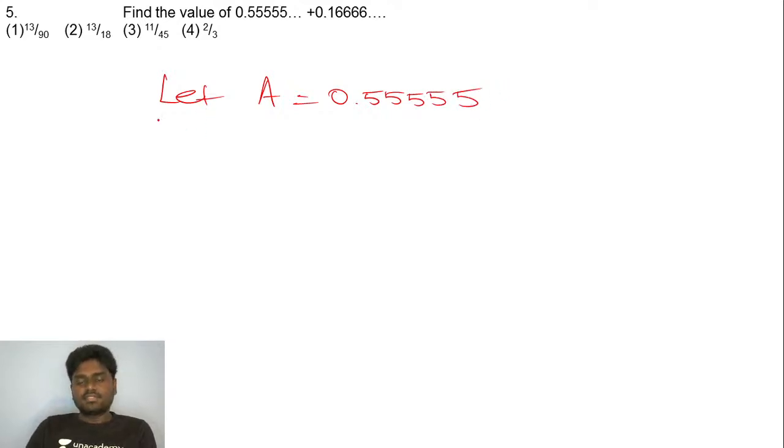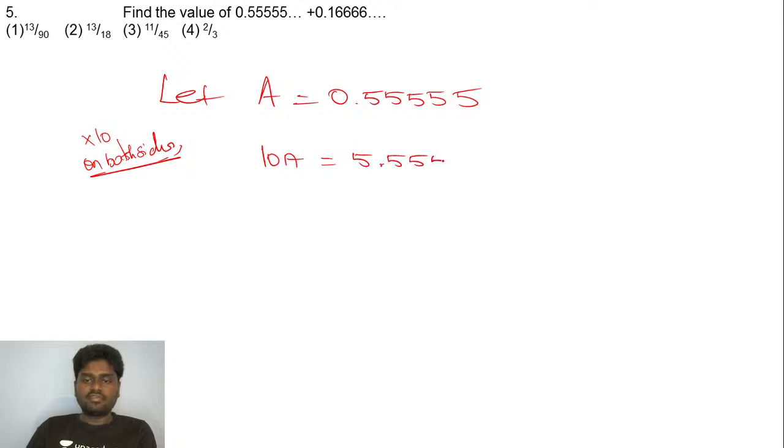If that is the case, if I multiply 10 on both sides, what I simply get here is 10A is equal to 5.5555, and it goes on. Let me take this as equation 1 and this as equation 2.